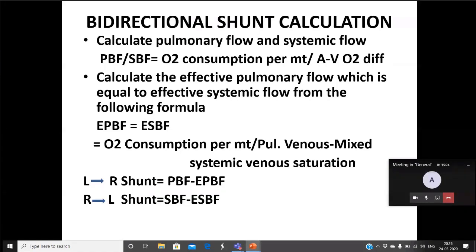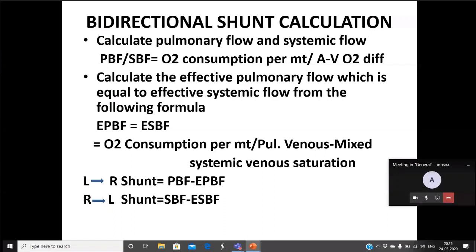So the first one, the amount of blood which is getting oxygenated is the effective pulmonary blood flow, and the same quantity of blood will be taking part in the oxygen delivery to the peripheral tissues, which is the effective systemic blood flow.